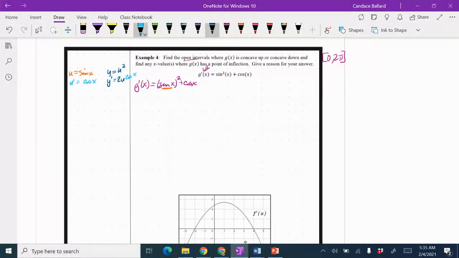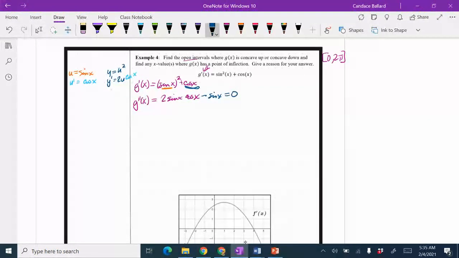And then when I write that out, g double prime of x equals 2, replacing the u with sine x, cosine x, and then we still have to take the derivative of this piece, which would be negative sine x.